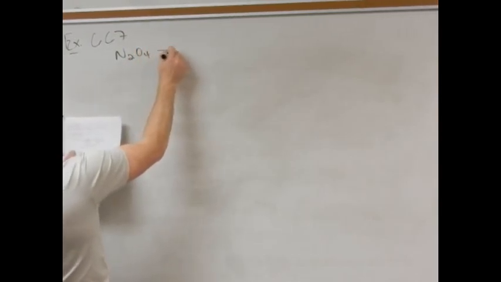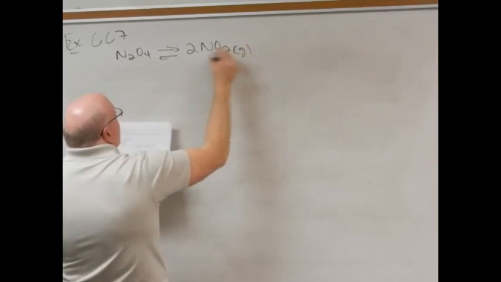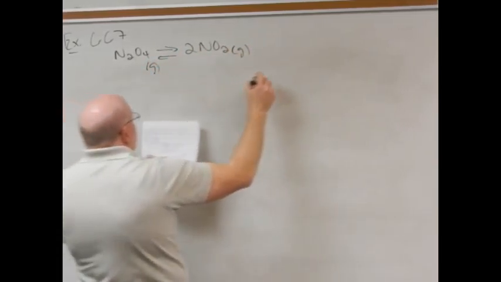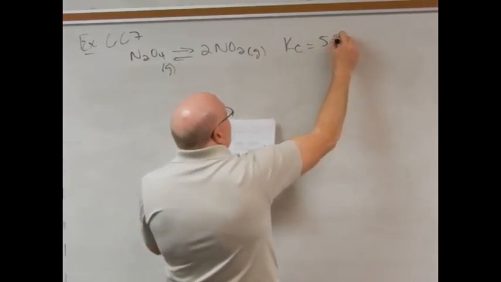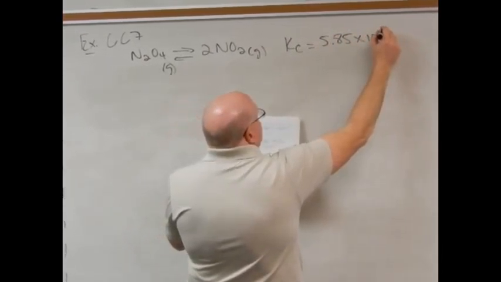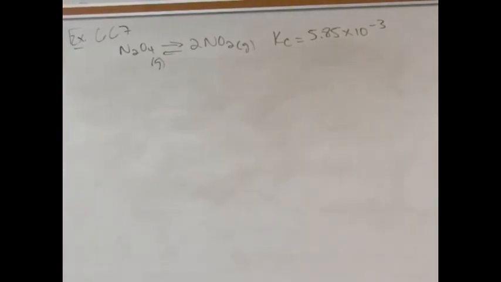Here they gave us a reaction, N2O4 going to 2NO2. Everything's a gas. It was measured, or has a Kc of 5.85 times 10 to the minus 3. So it has an equilibrium constant.